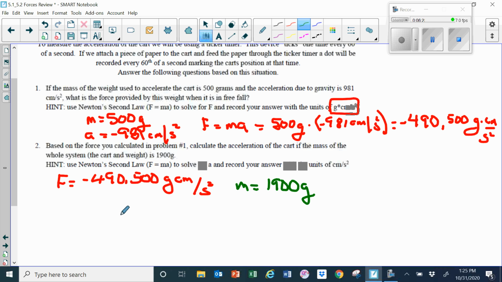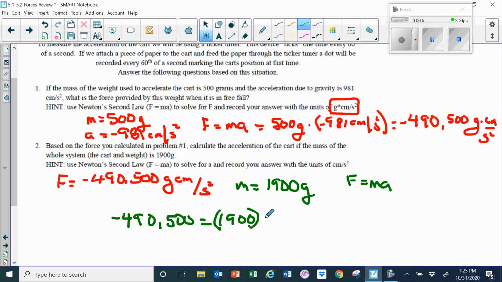We know this is 490,500, that's the force, and of course we're solving F equals ma. I'm going to leave off the units for simplification. The mass is 1,900 grams, and we want to solve for the acceleration, a.